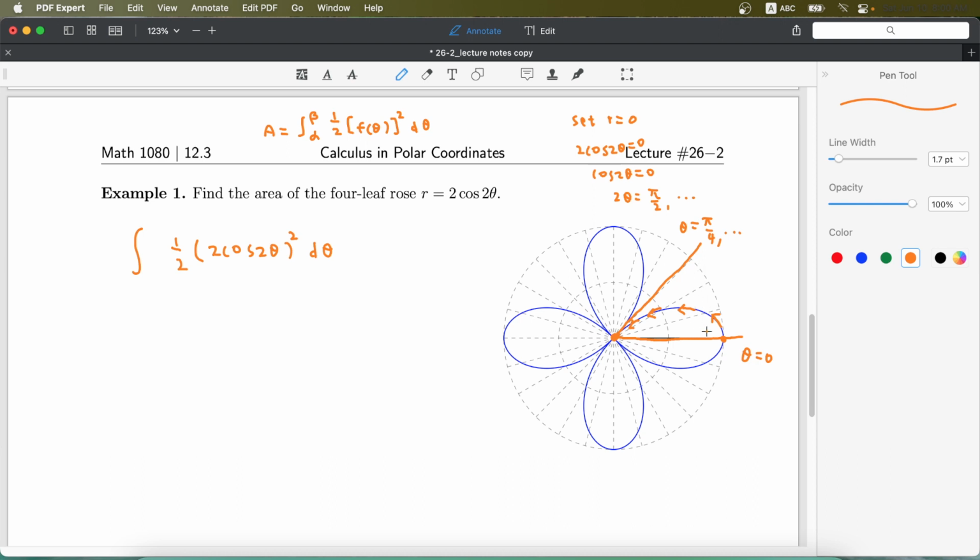Is that okay? So you can see that right here, this region is bounded by these two rays, from theta equals 0 to theta equals pi over 4. So we will integrate from 0 to pi over 4. Okay, so notice that this is half of the leaf. So this is the area of half of the leaf.